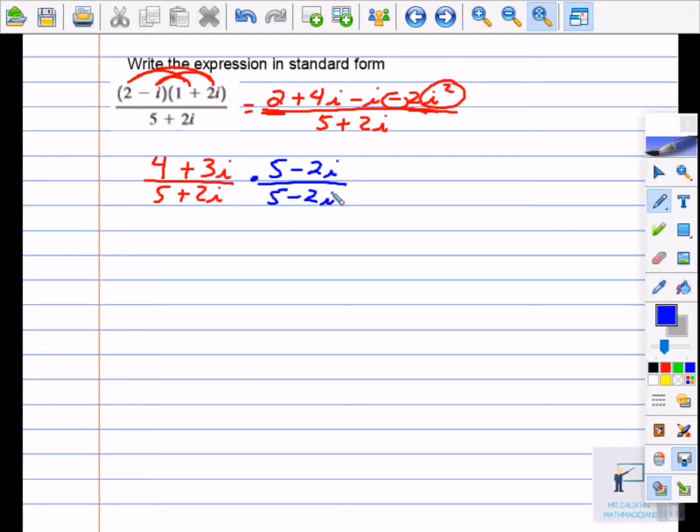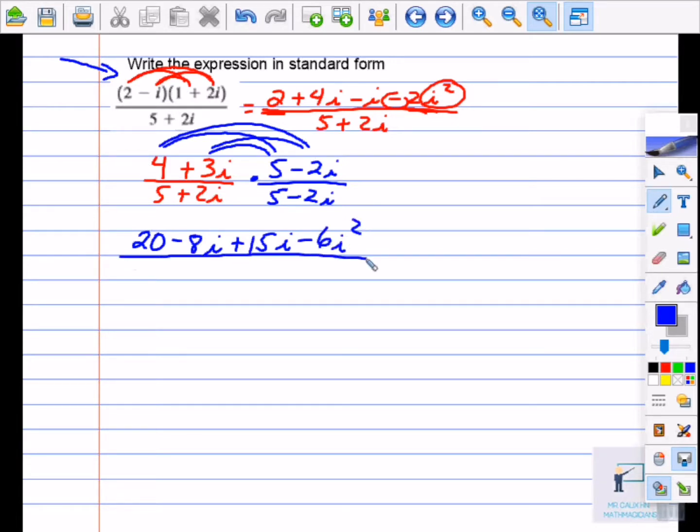So what are we going to do? We're going to do this process again. Multiply by FOIL. 4 times 5 is 20. 4 times negative 2i is negative 8i. Then 3i times 5 would be 15i. And 3i times negative 2i would be negative 6i squared.